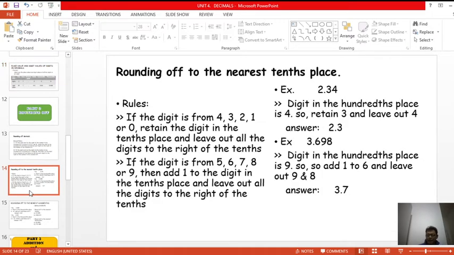They said round off to the nearest tens place, or in some other books when they say tens place, that means the first decimal digit or the first decimal place.